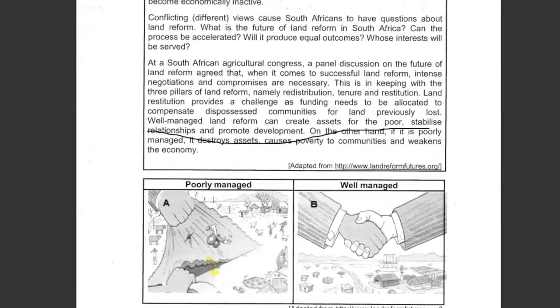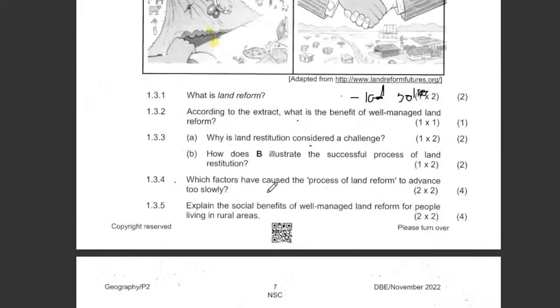But when you check, you'll find that the factor that has caused it to advance slowly is the fact that there are conflicting views about the land reforms. People are not sure if really it will benefit them or not. So such a factor has caused it to be too slow because of conflicts.